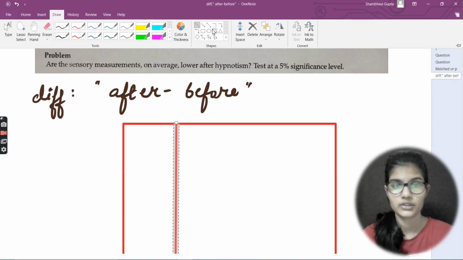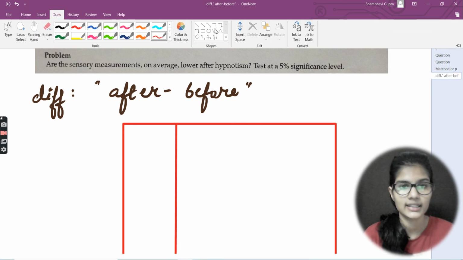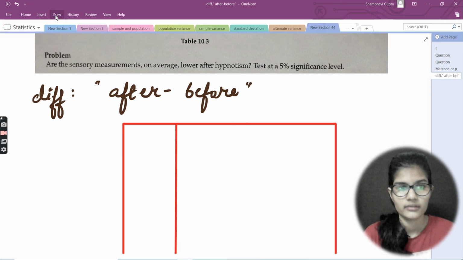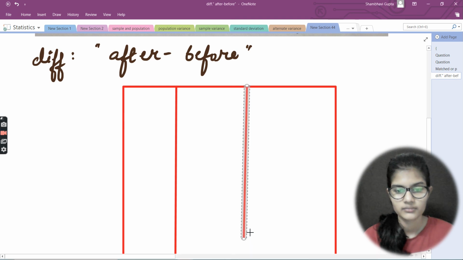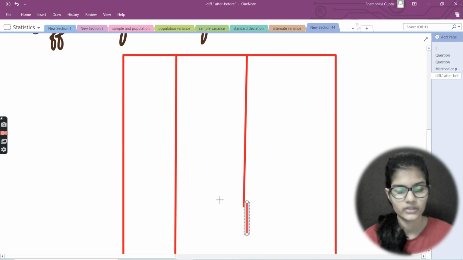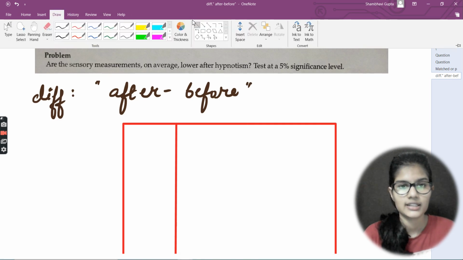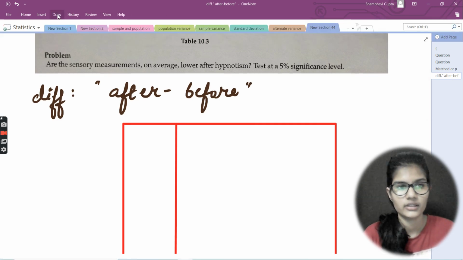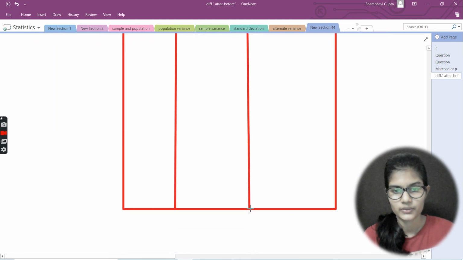Now let me take out another line from here. Let me draw, and here comes the line. Fine, let's come down again. I would remove this and again take out a line, and this line would be made up till this particular place.